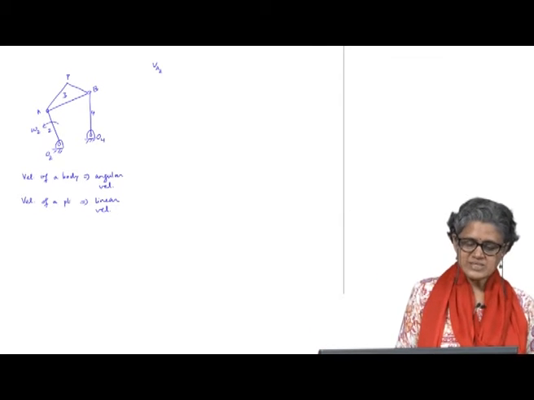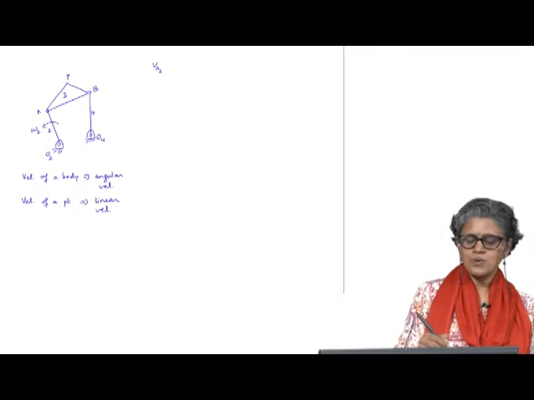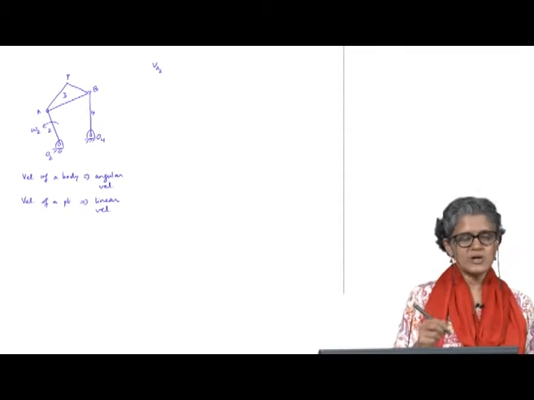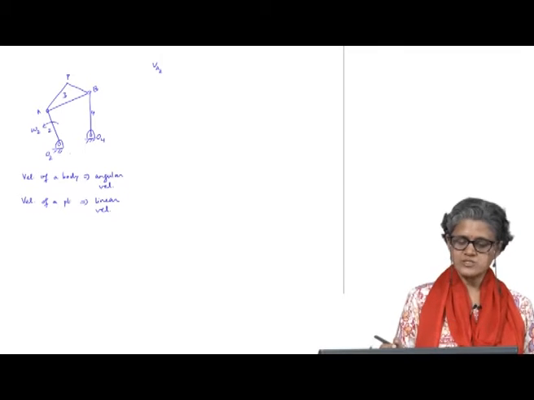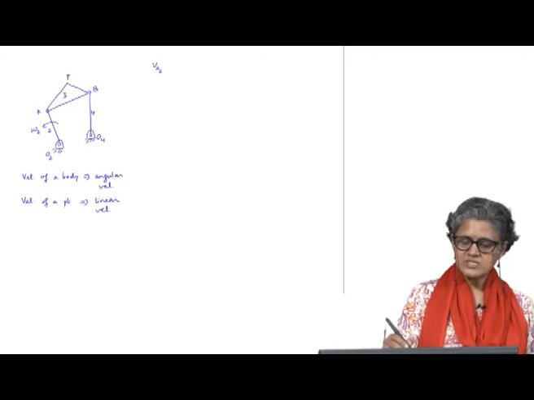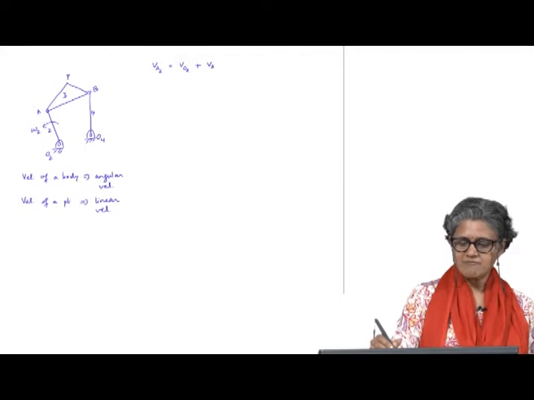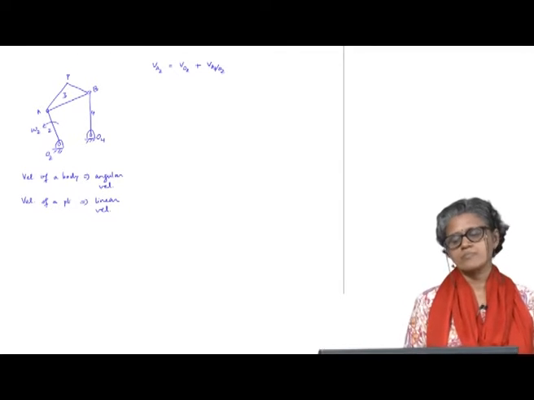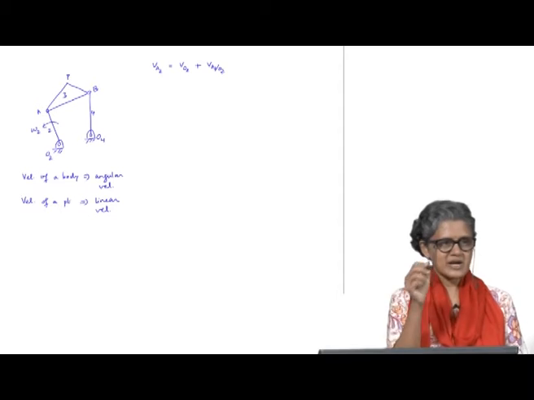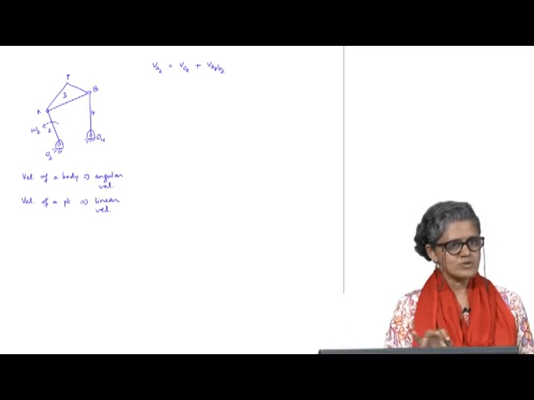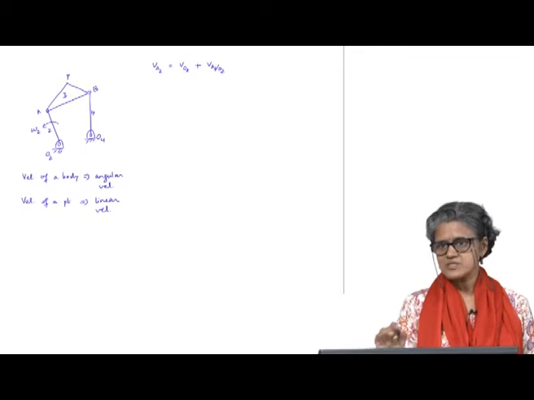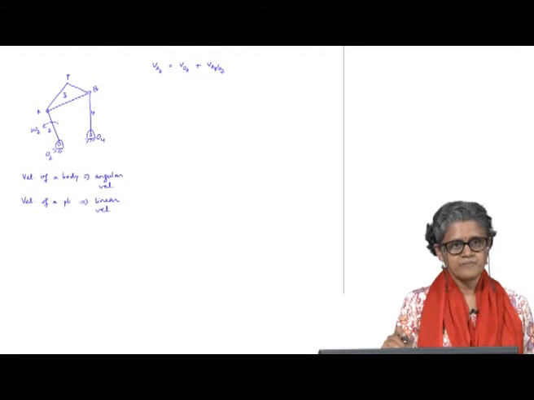So, if I look at 2 as my rigid body, from what we saw earlier, the velocity of A on body 2 equals the velocity of O2 on body 2 plus the relative velocity. I am going to leave out the vector notation, because you should know by now that these are vector equations we are writing.